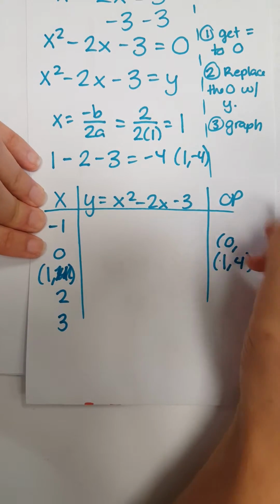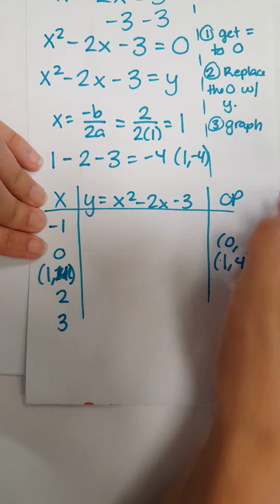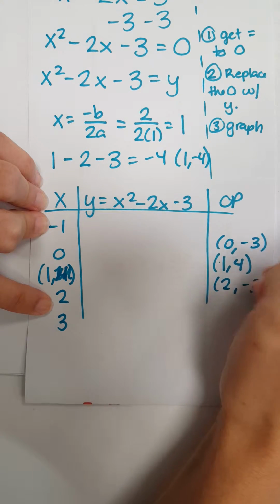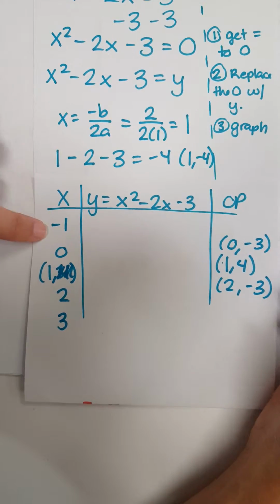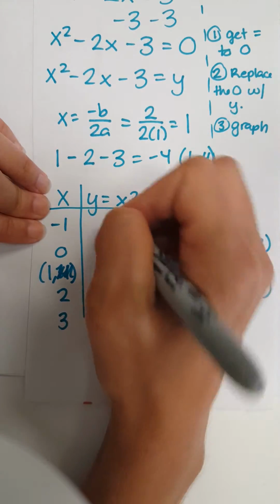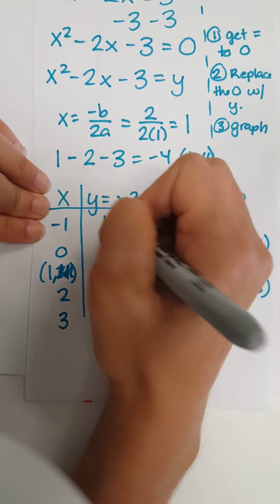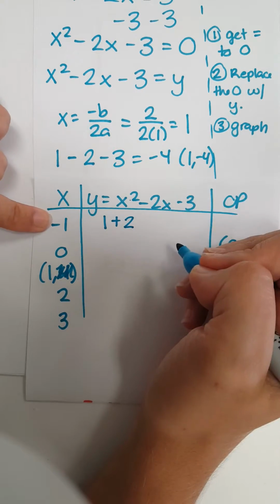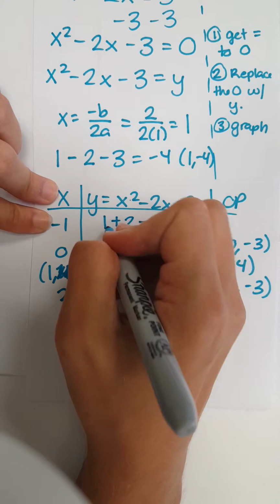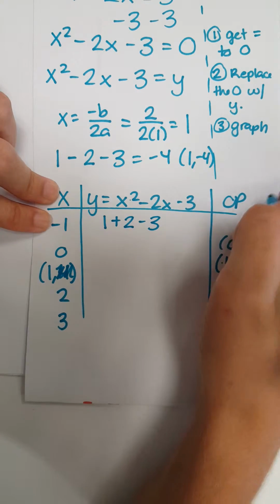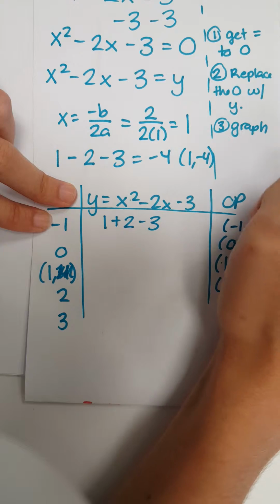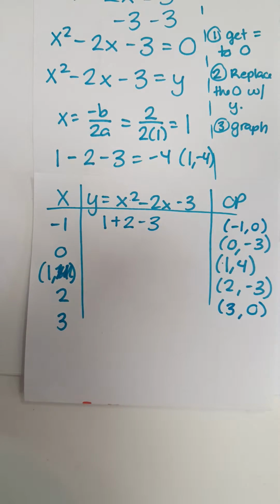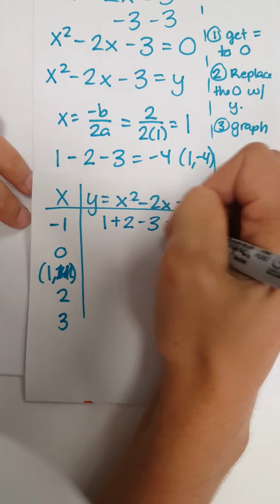I have 0, negative 3, which means since these are integers, I have 2, negative 3 as well. Now I just have to solve for that negative 1. What's negative 1 squared? 1 minus, well, what's negative 2 times negative 1? Positive 2 minus 3. 1 plus 2 is 3, minus 3 is 0. So negative 1, 0, which means over here we're going to have 3, 0, right?